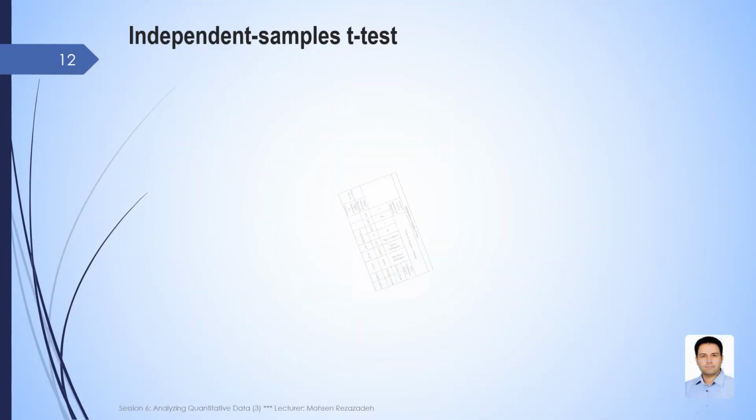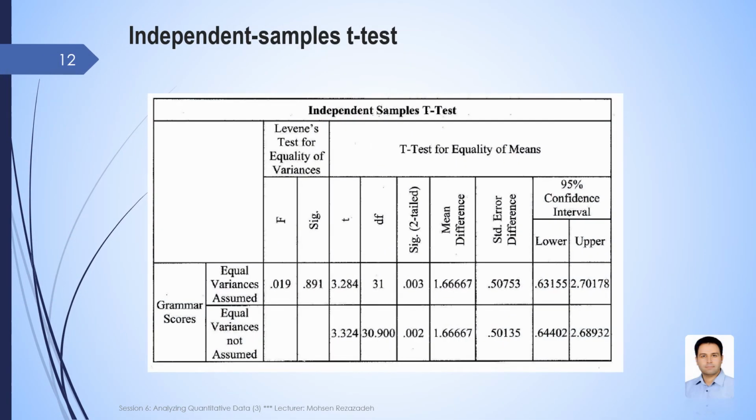This is an example of the table of independent samples t-test from the output of SPSS. Assume that you wanted to compare the mean scores from two classes on a test of grammar. And this is the result.